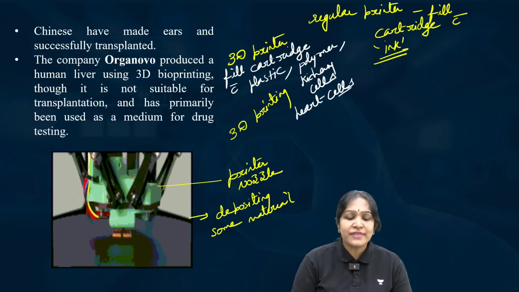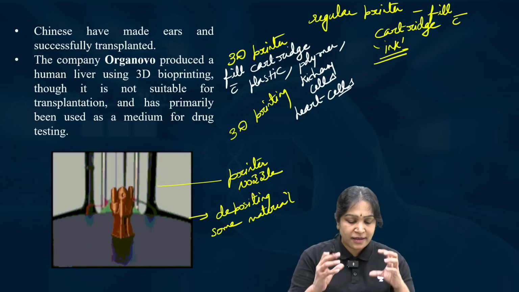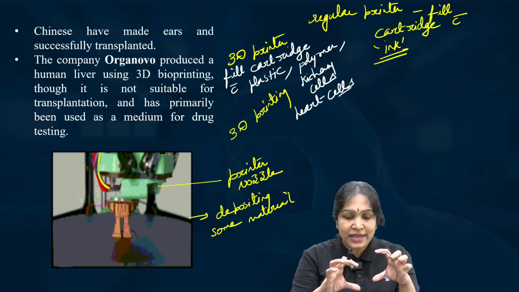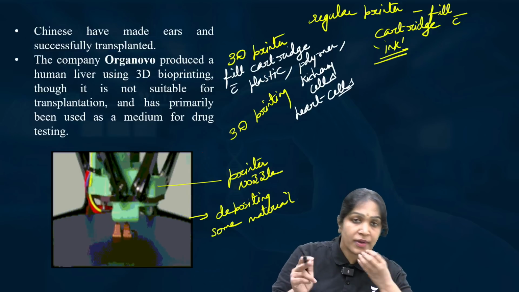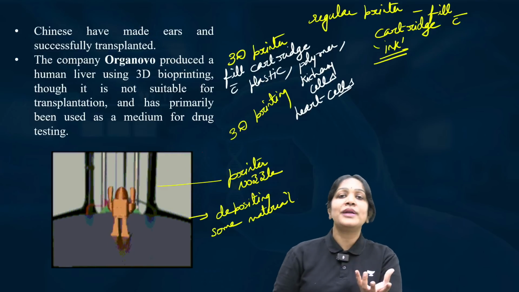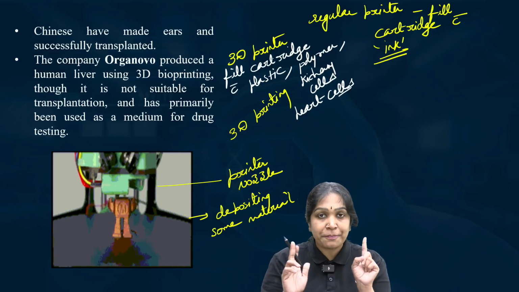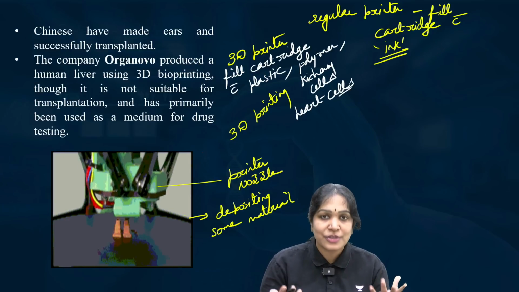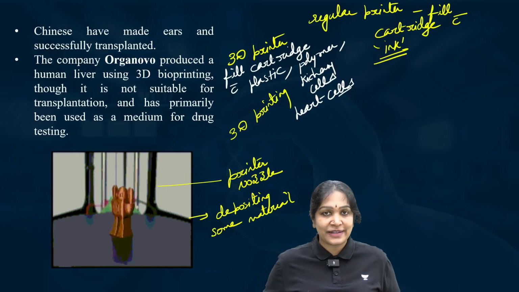The printer in this video is forming this toy, this robot like toy. Same way, in that printer if you fill heart cells, it will print out the human heart, not the image of a heart. The printer can literally print out the real working biological human heart. That is called organ printing.